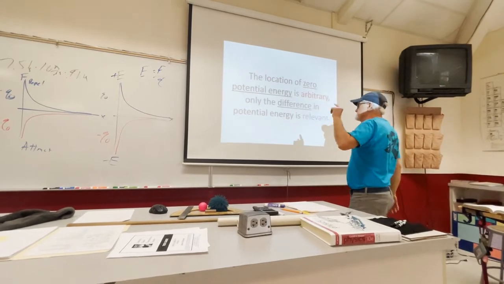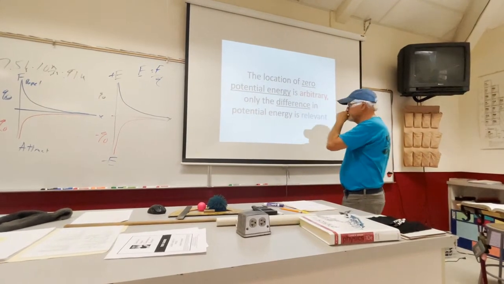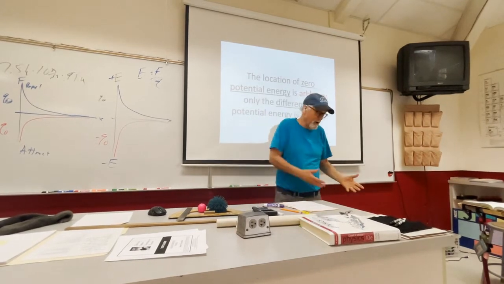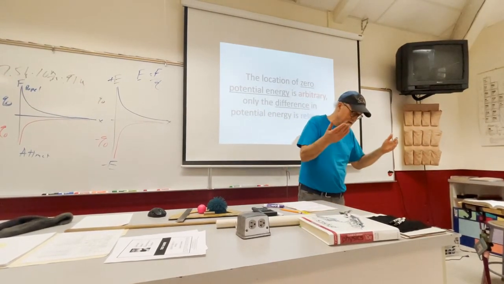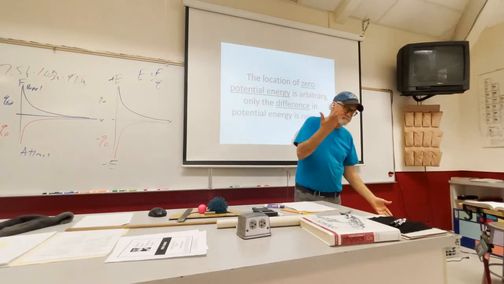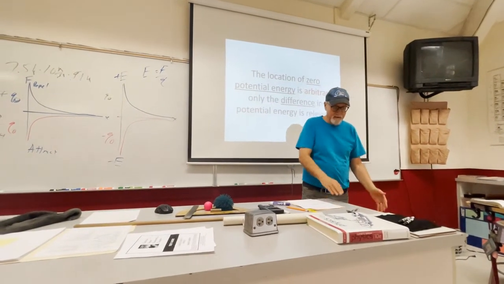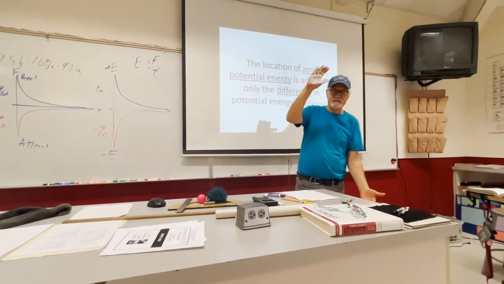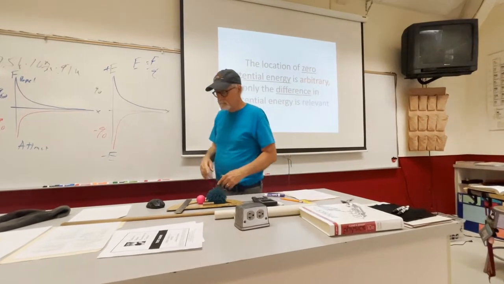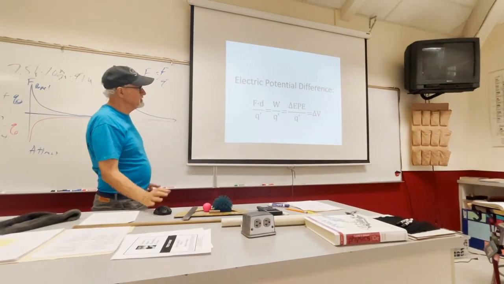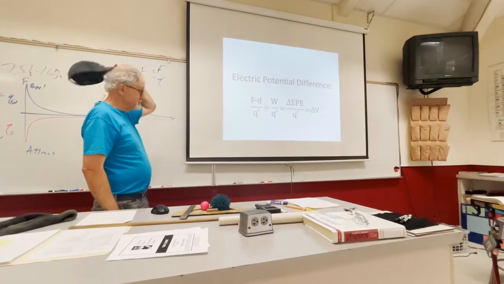It's the difference in potential energy that matters, whether electrical or gravitational. The difference between the potential energy on the floor versus up here is 73 joules. However, between this and down in the quad, it's going to be more because it's a greater distance. So it's the difference in potential energy, and here's electrical potential difference.